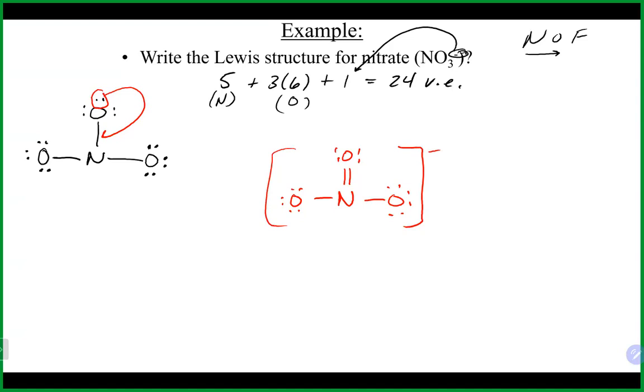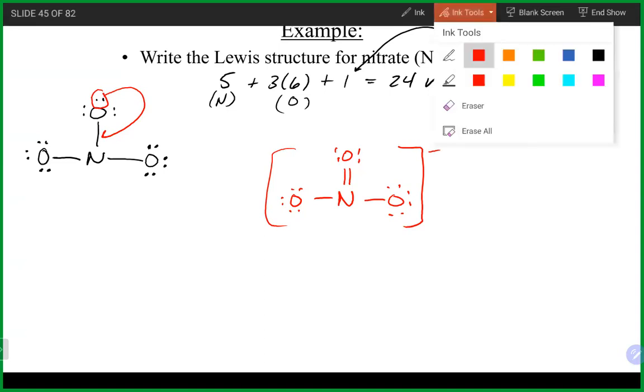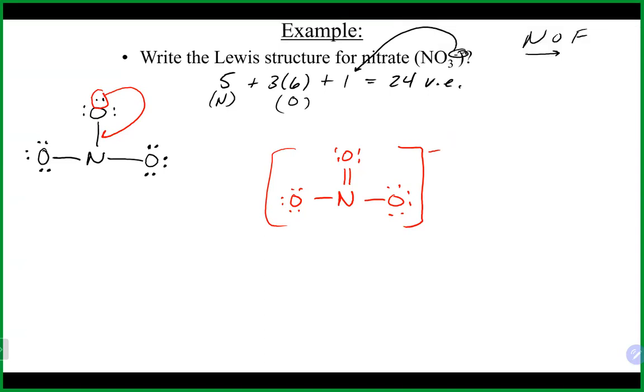Now, when we look at it, the oxygens are good, both the top and the bottom there. We got 2, 4, 6, 8 electrons. We got 2, 4, 6, 8 electrons for that oxygen. And for the nitrogen, we have 2, 4, 6, 8 electrons.